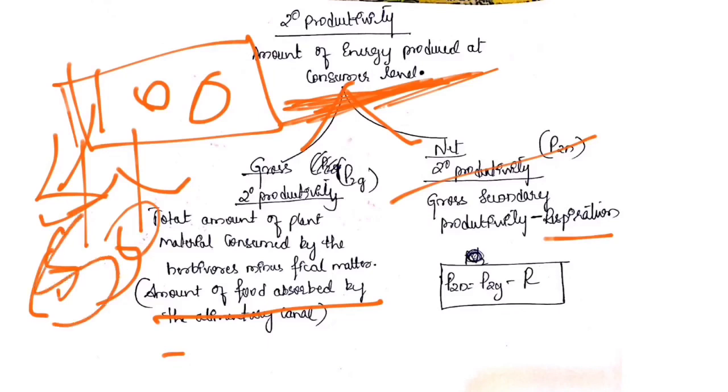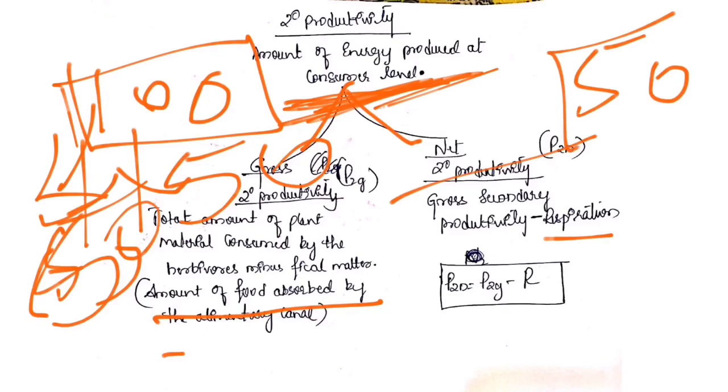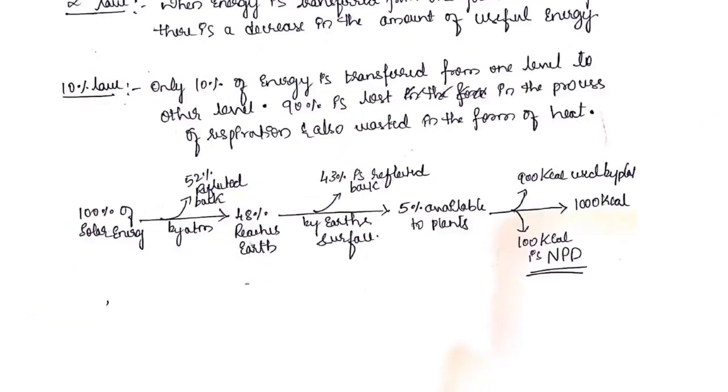In general, respiration. For respiration it is using 50 kilocalories of energy. So the remaining is 50. The amount of energy remaining out of gross secondary productivity is the net secondary productivity. Gross secondary productivity minus respiration is known as net secondary productivity.